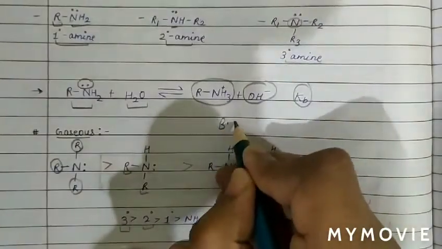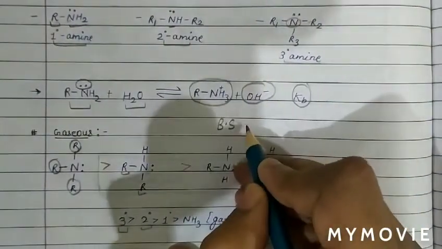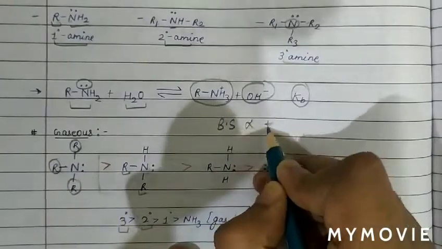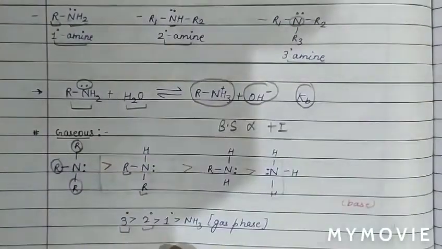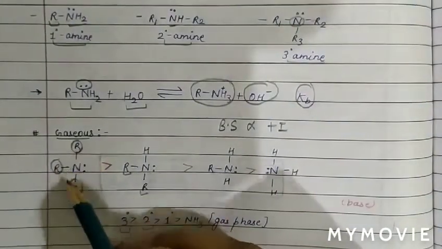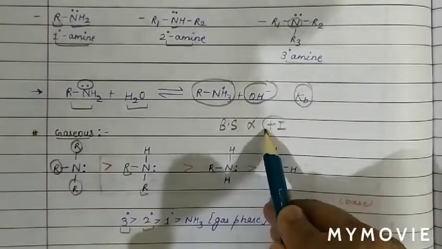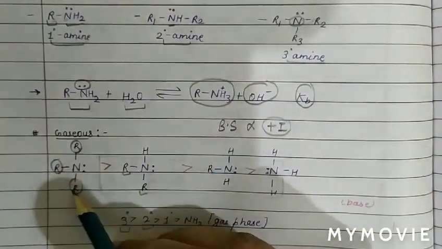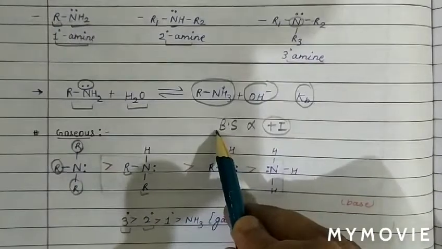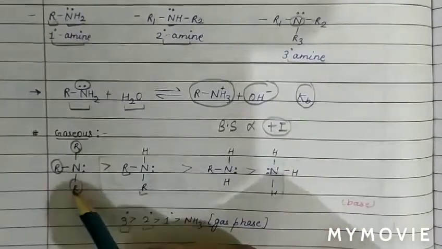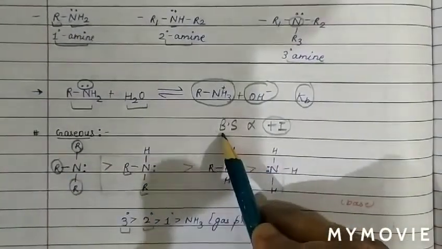In the gas phase, the basic strength of an amine is directly proportional to the plus I groups, and we know more alkyl groups means more plus I, and more basic strength.